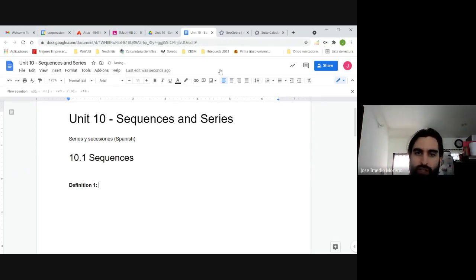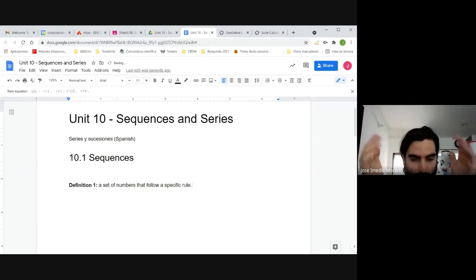The first definition is the following: a sequence is a set of numbers that follow a specific rule. That is the definition you can find in your book.